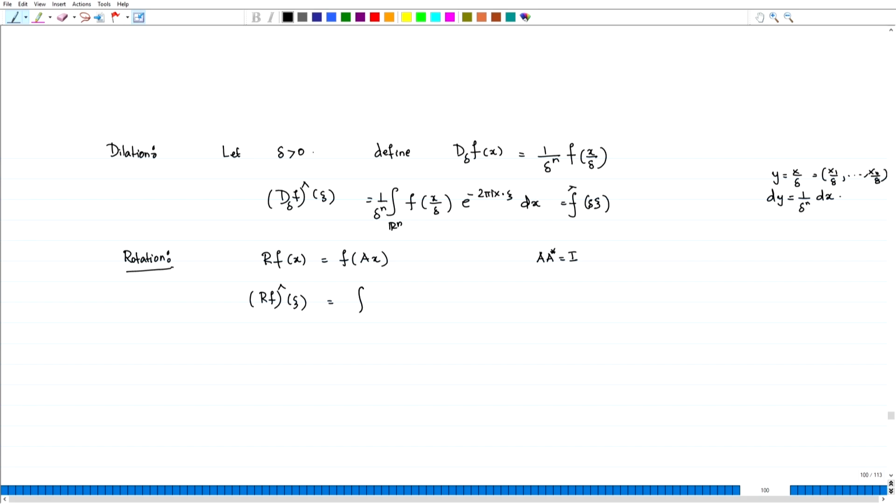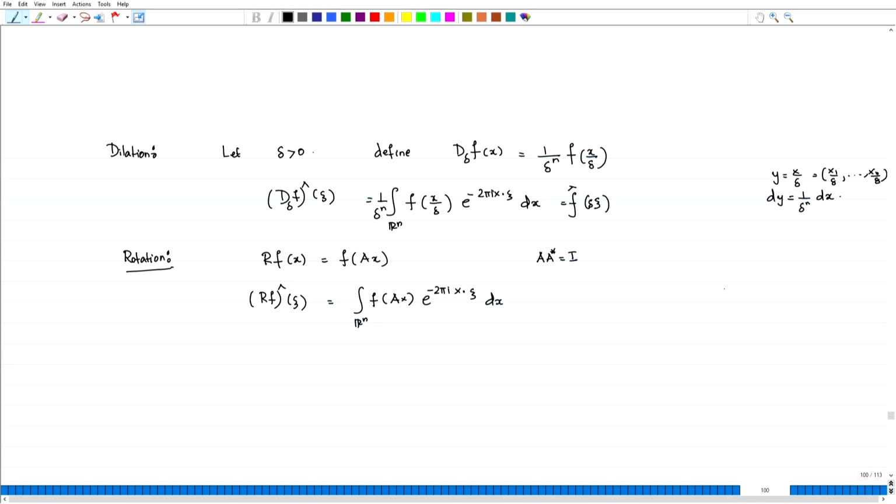Now, this is going to be the integral over Rn of f of Ax, and then e to the power minus 2 pi i x dot xi dx.